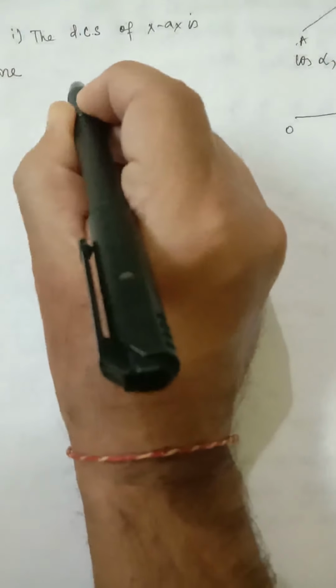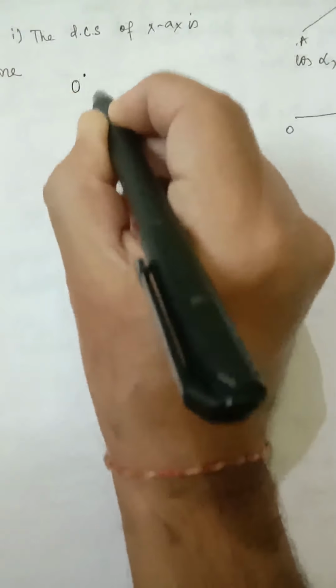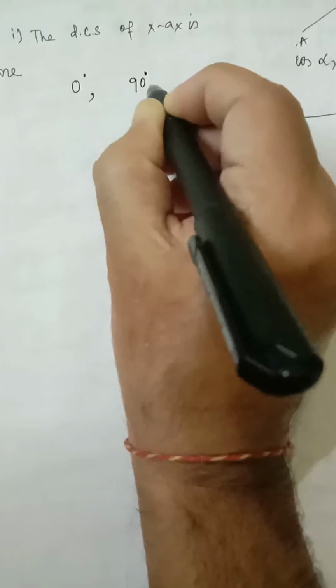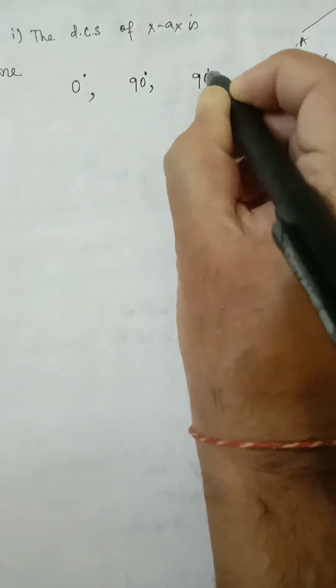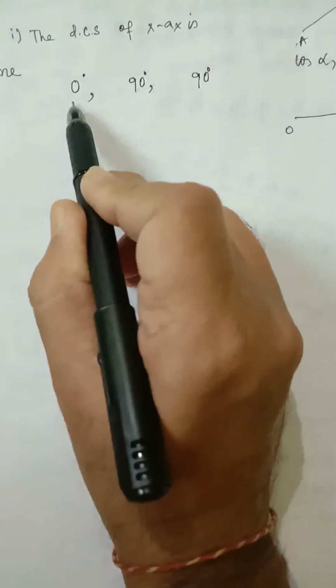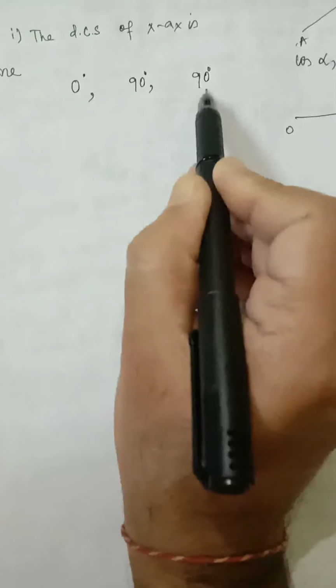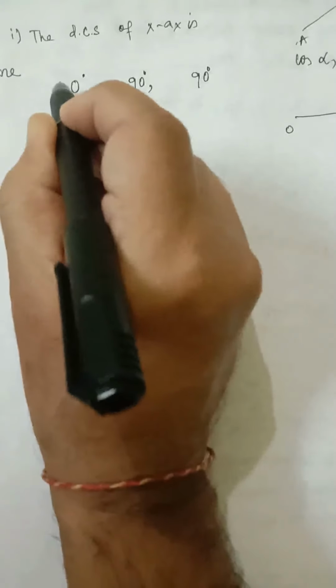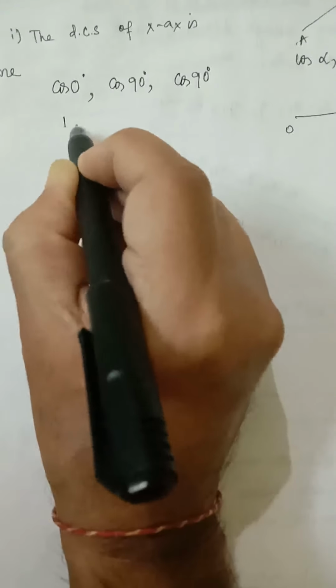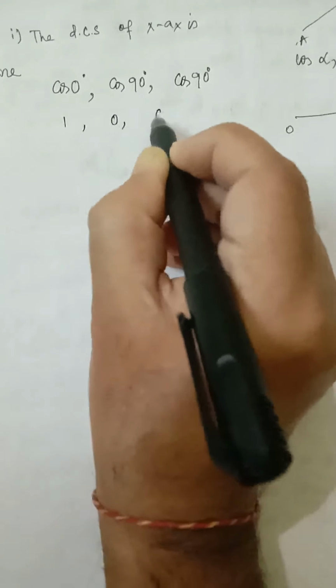So the angle made by x-axis with x-axis is 0 degree, with y-axis is 90 degree, and with z-axis is also 90 degree. Taking cos of all the three angles, we get cos 0 is 1, cos 90 is 0, cos 90 is 0.